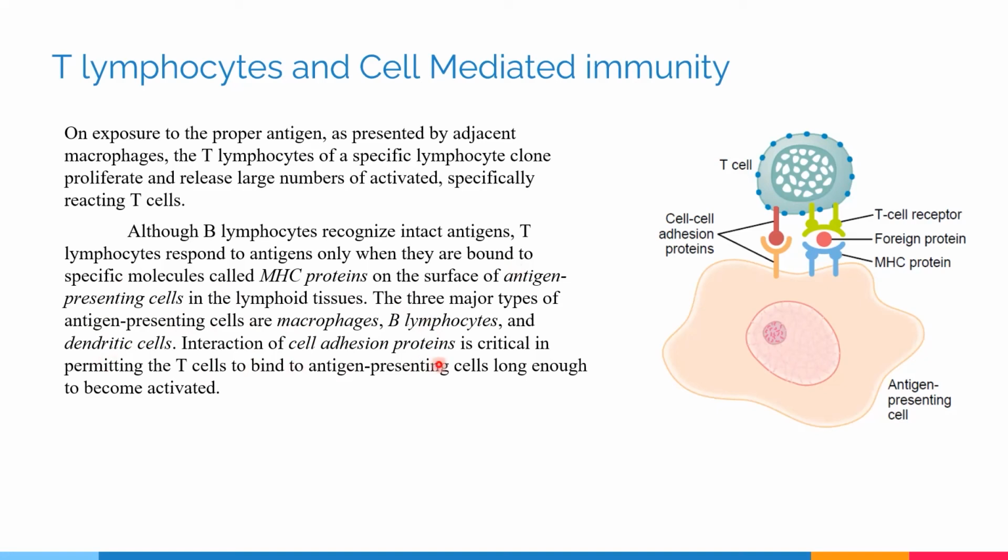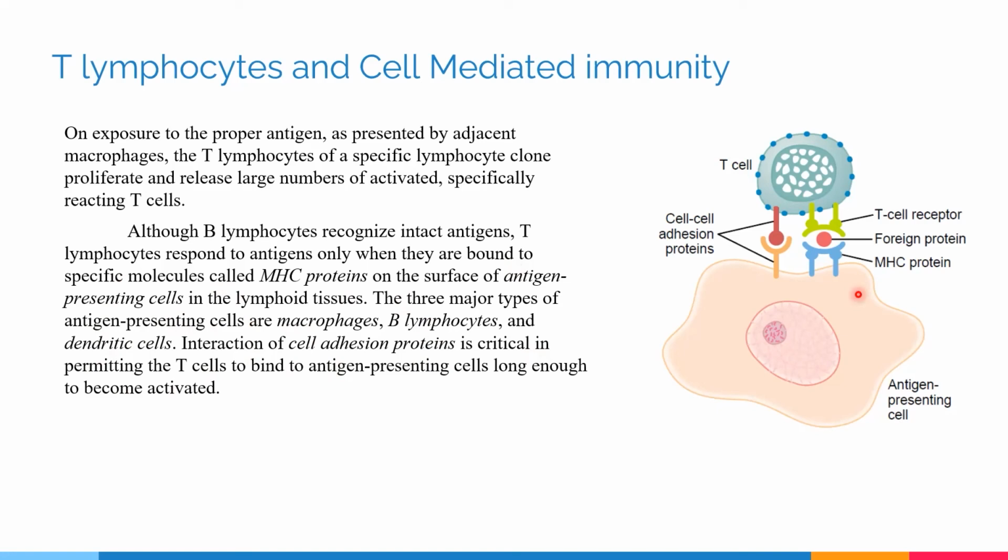Interaction of cell adhesion proteins is critical in permitting the T cells to bind to the antigen presenting cells long enough to become activated. So what happens is, an antigen presenting cell has a MHC protein on its surface. The MHC protein binds to the foreign protein or the foreign antigen after processing it.